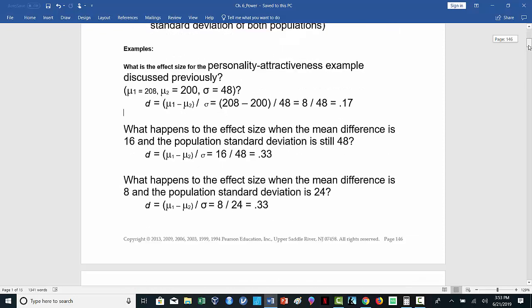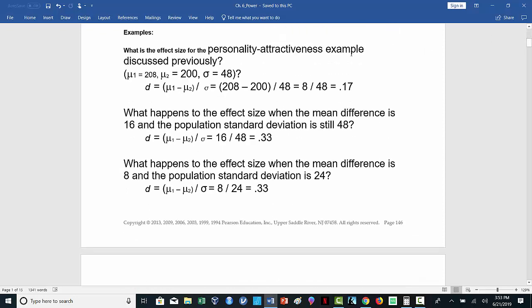So to give an example, we've been talking about the personality attractiveness example. And this is actually a different mean than what we talked about previously. But again, to briefly refresh your memory, one group of people is going to be told positive things about some people's personality characteristics, and then they're going to be asked to rate how attractive the person is.